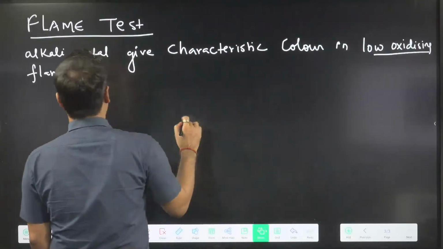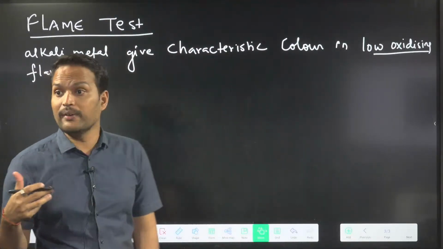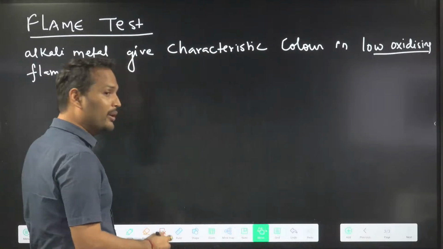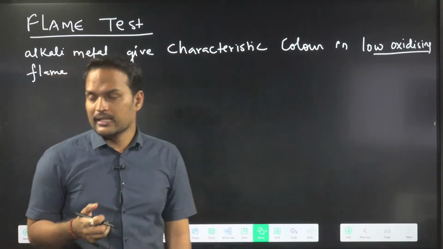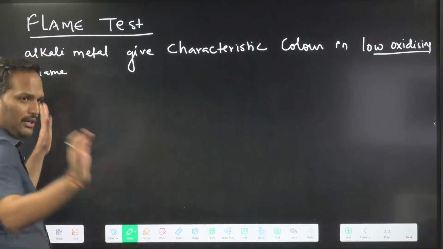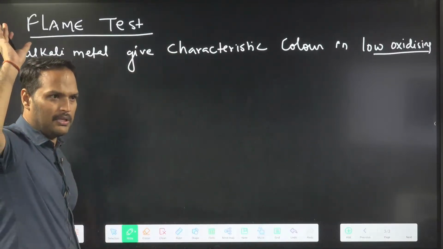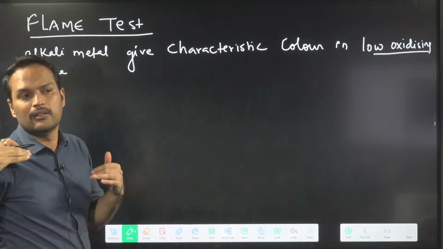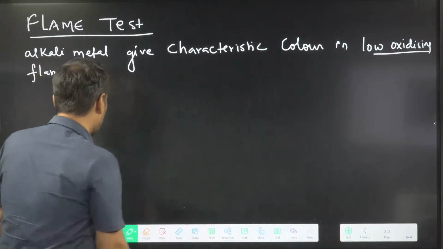Now they will write the names of a few techniques in NCERT, like flame photometry and absorption spectroscopy. These are heavy words for MSc people. We have to only learn them.